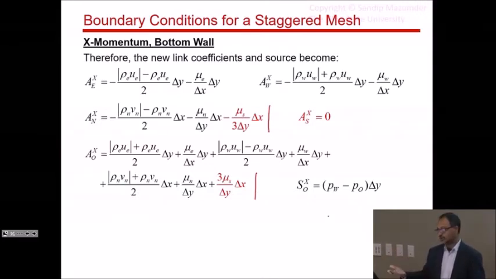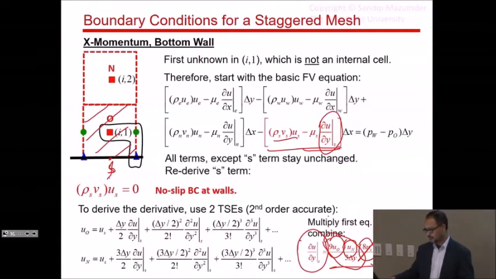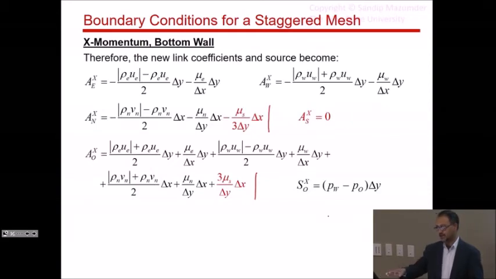So if you ask me, okay, how did you come up with these coefficients? All I did was I looked at what contributions I have from the southern term, okay? Then when I wrote down these coefficients, I simply deleted whatever contributions I had for the southern term and then replaced it with what I got from my new derived expression, okay?